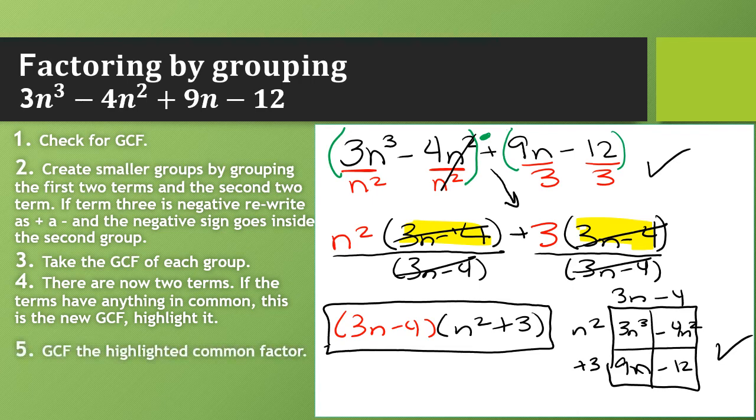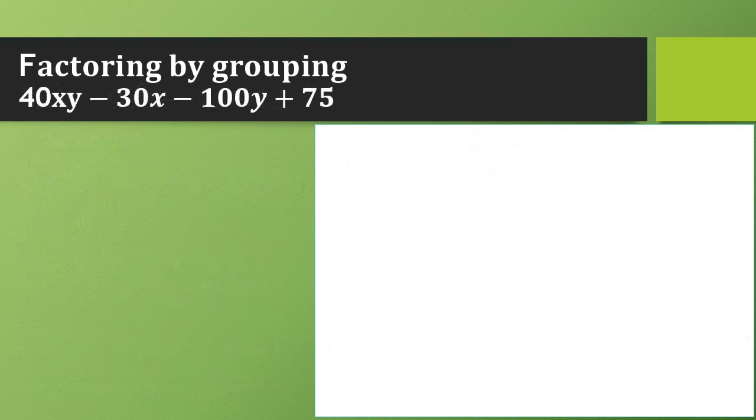I keep forgetting these last two steps, but they're on your front note card. All right, so our last example is 40xy minus 30x minus 100y plus 75.